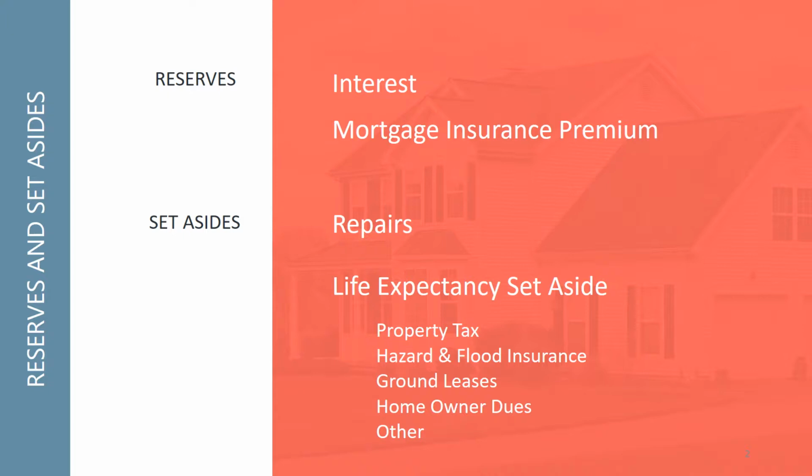A life expectancy set-aside, or what we call a LESA, is exactly that. If the borrower has insufficient income to meet their property charges, either a full or a partial LESA is established to make sure that the charges get paid over the estimated remaining life of the borrower. Generally, a borrower that has poor credit or insufficient income will not qualify for a HECM unless we set up a LESA.